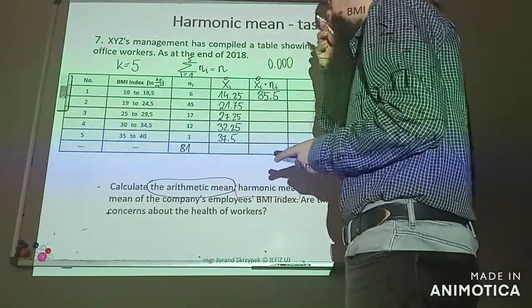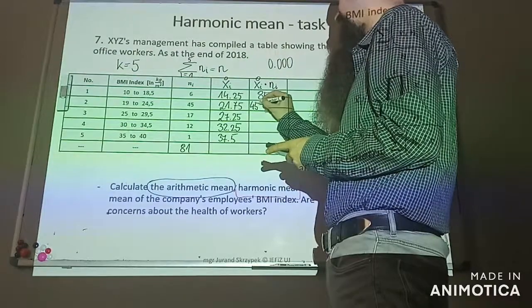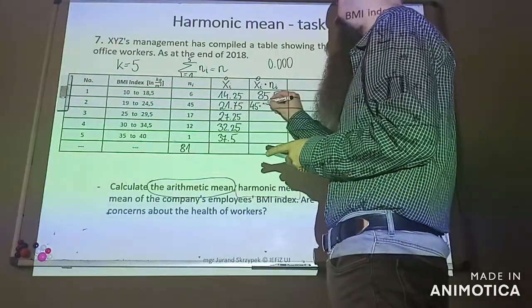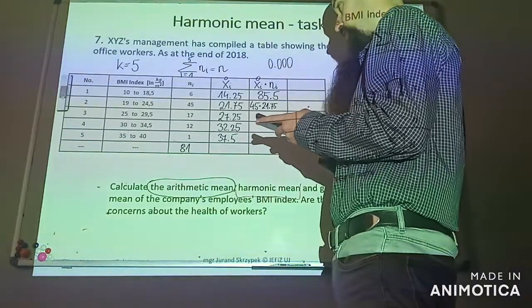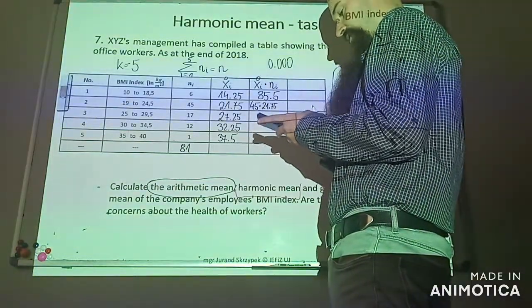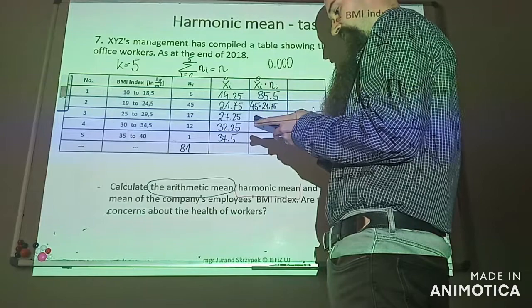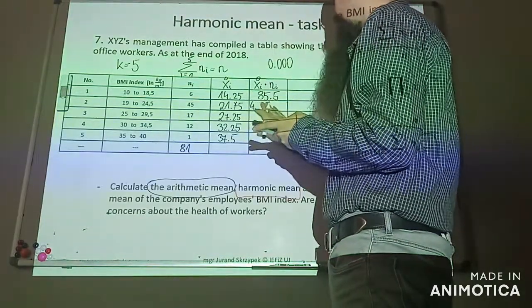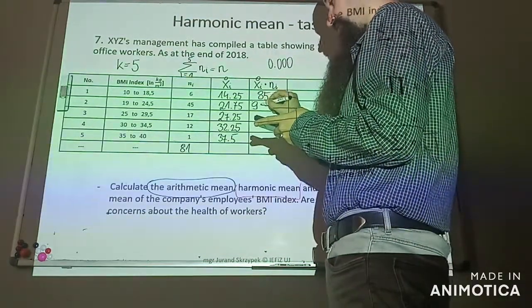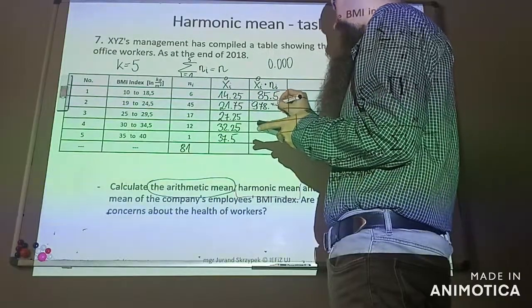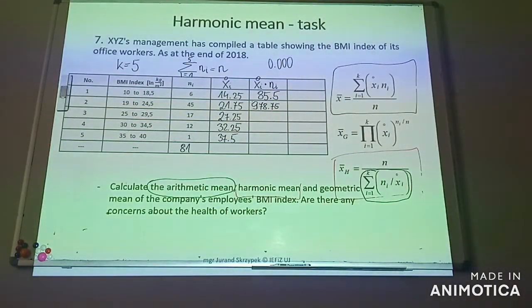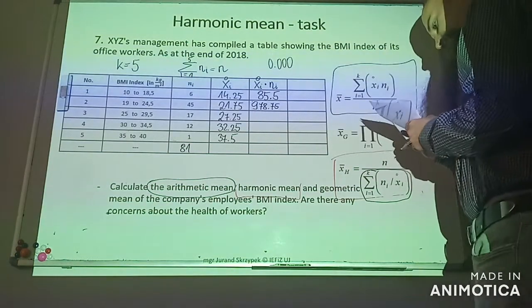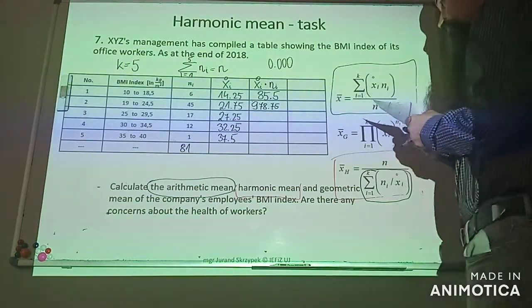In the second row we have 45 times 21.75. The result is 978.75.